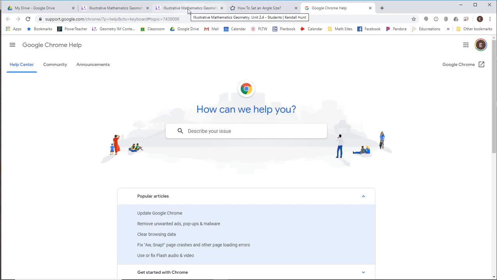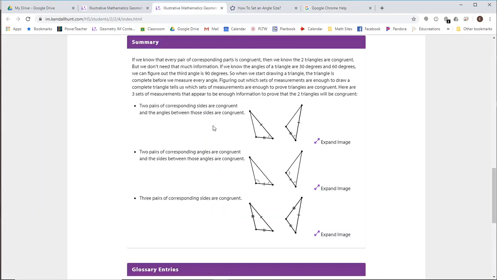So let's go ahead and wrap up today's lesson, today's topics. Our goal is to make statements about how we know two triangles are congruent. If all the parts of those triangles have to be congruent, then we want to find the least amount of information we have to find in order to show that they are congruent.